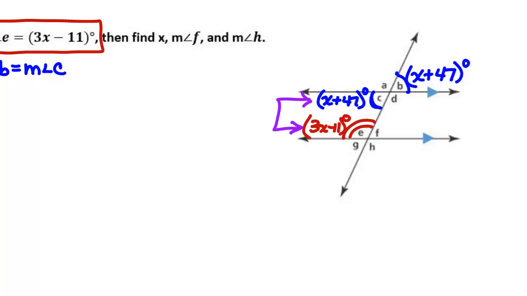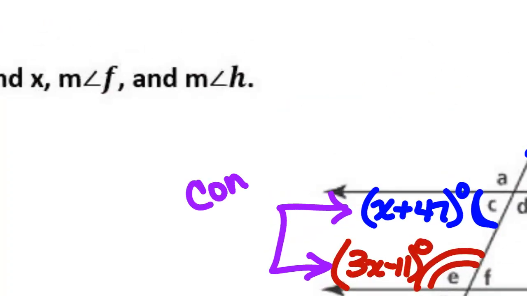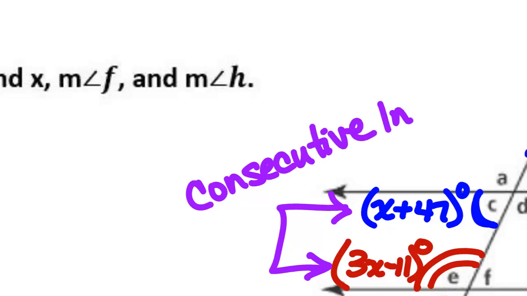What do we call those? Not corresponding. They are both interior. Corresponding would be matching corners. Consecutive interior. Consecutive interior angles, congruent or supplementary? Supplementary.